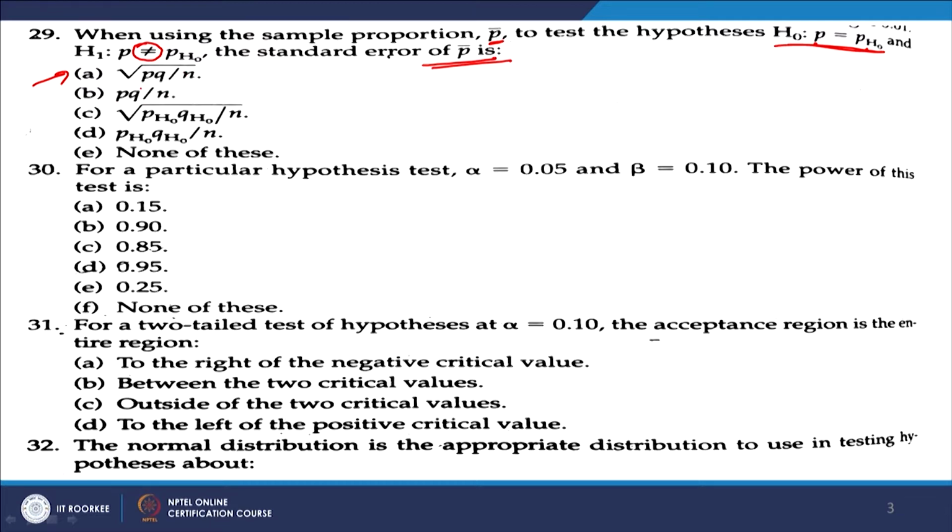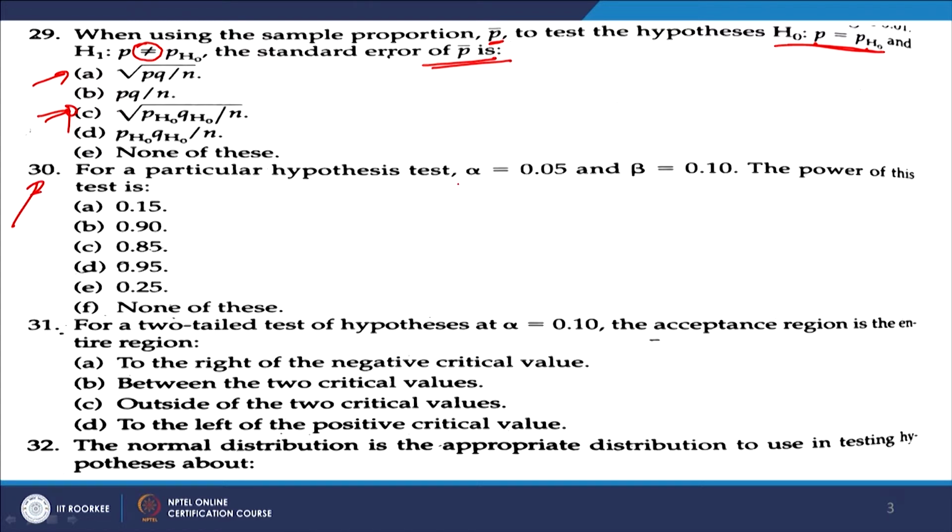The third option is under root of p h naught q h naught divided by n, or none of these. This is quite a simple question, you just need to remember the formula. So C is the correct answer in this case. Not much to think about in this example.